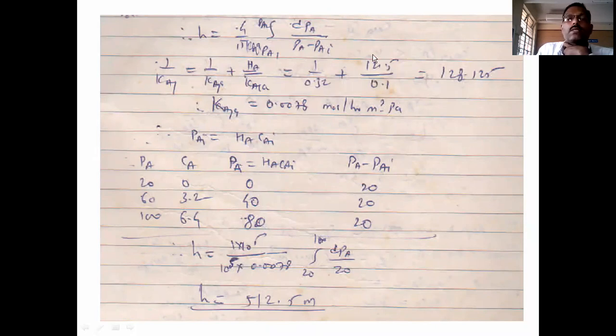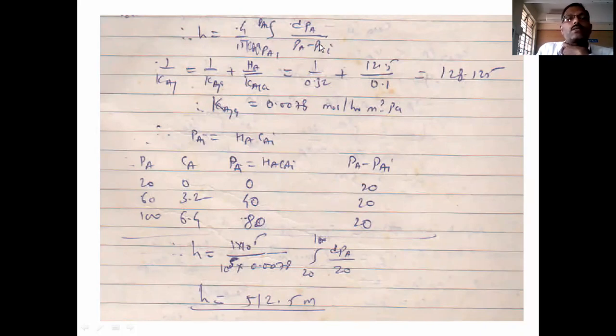In the data this value is given. So we calculate 1 upon KAG, that is 128.125. Take the inverse of this, so KAGA we obtain, which is equal to 0.0078 mole per hour per meter cube per pascal. So this PAI is equal to HA into CI.